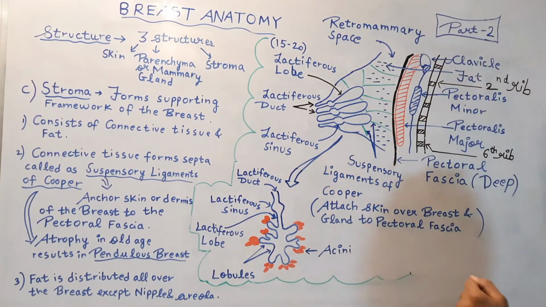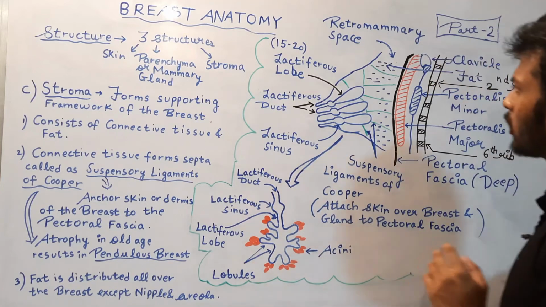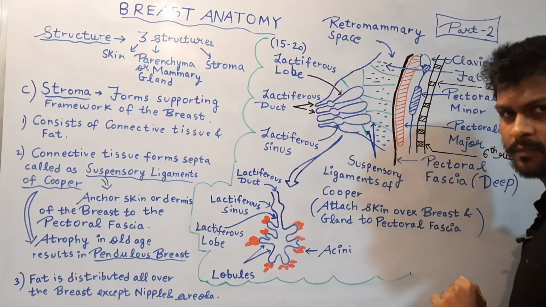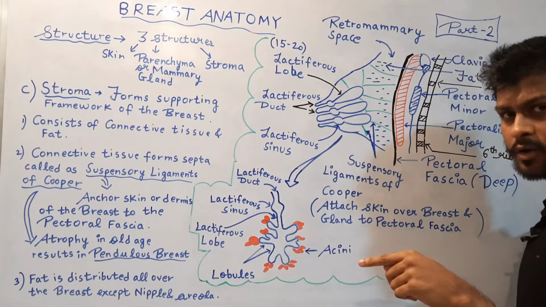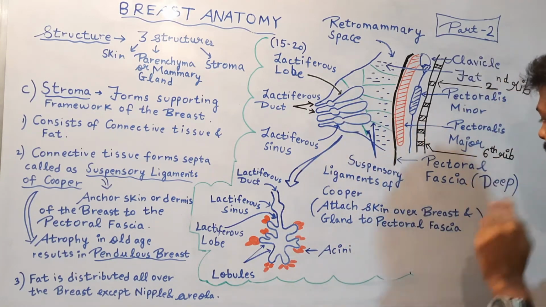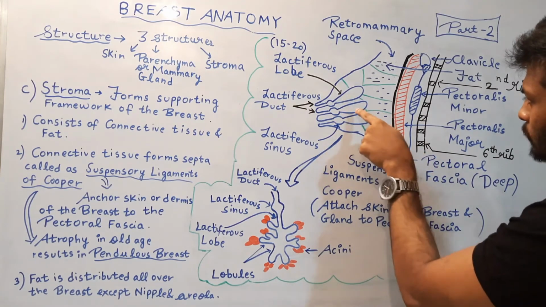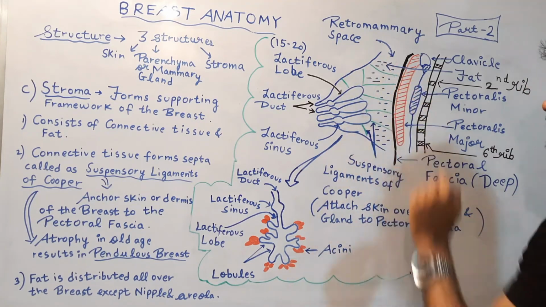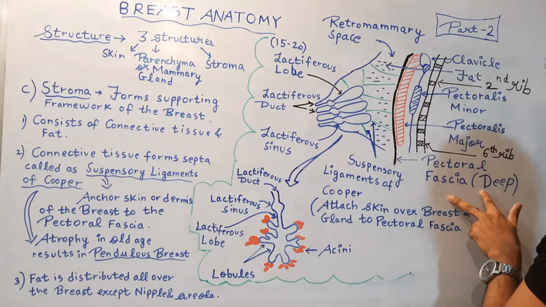And if we observe from the superficial to the deep section, we can observe the following structures. Outermost will be skin. After the skin, superficial pectoral fascia will be present, which is not shown over here. After superficial pectoral fascia, we can observe lactiferous lobes. After it, we can observe retromammary space. After retromammary space, we can observe deep pectoral fascia.